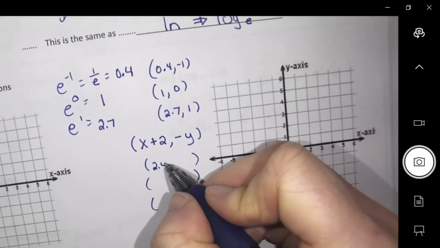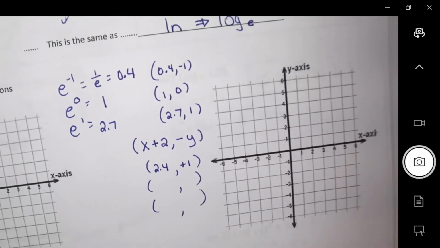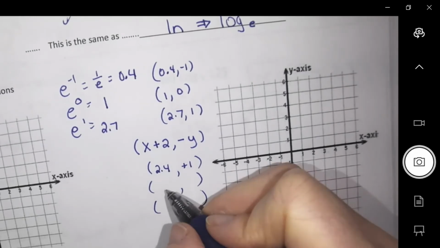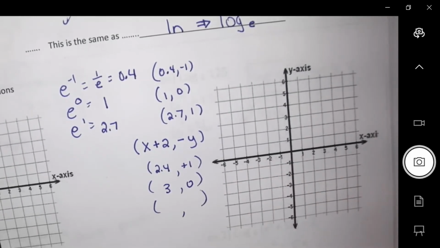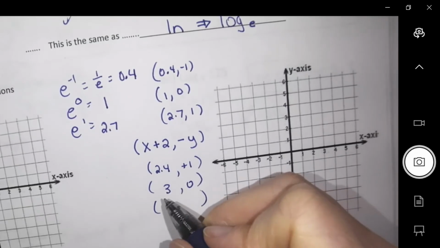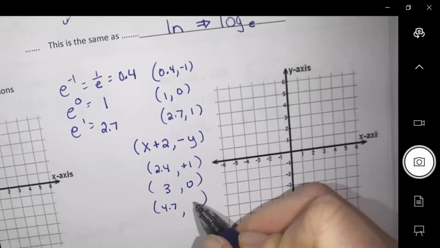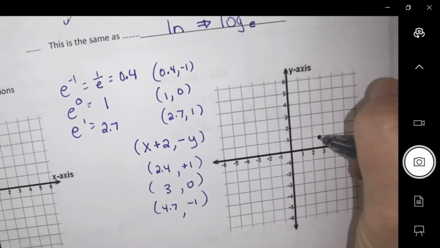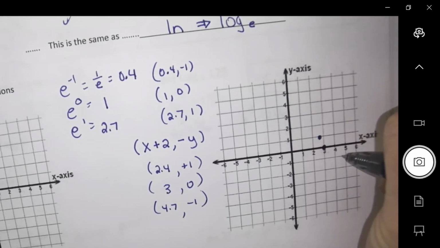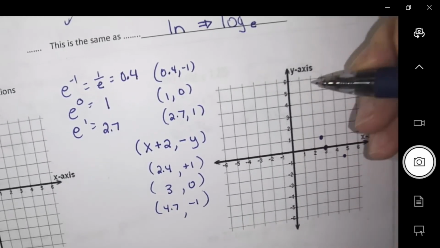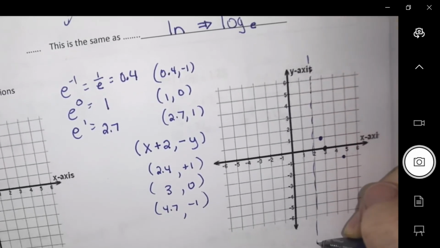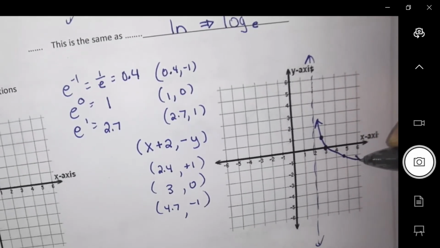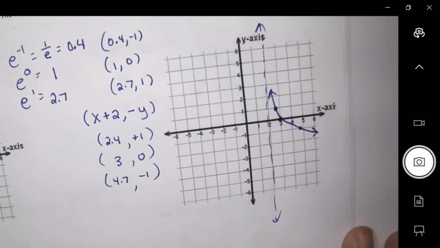This would be 2.4 comma positive 1. And then the next coordinate would be 3 comma 0. And then 4.7 comma negative 1. So there's your final graph.